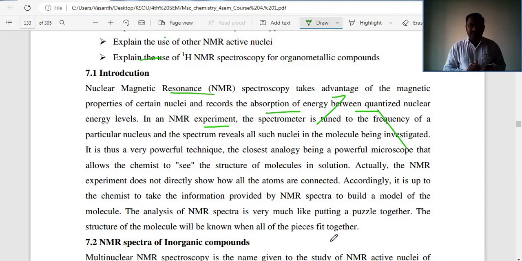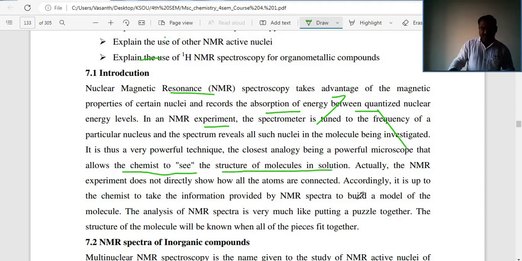It is a very powerful technique, the closest analogy being a powerful microscope that allows the chemist to see the structures of molecules in solution. Actually, the NMR experiment does not directly show how all the atoms are connected.